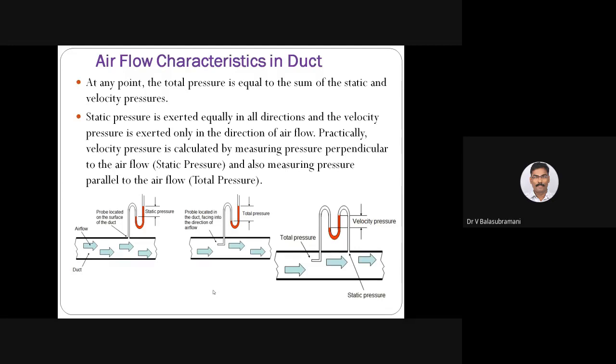So mostly static pressures are measured at the circumference of the duct, and the total pressure is measured at the inside of the duct. Initially I told you the total pressure is used to find out the velocity pressure. If you combine both, you may calculate the velocity pressure inside the duct. This is the airflow characteristics of the duct.